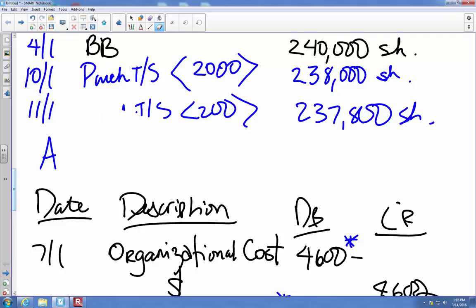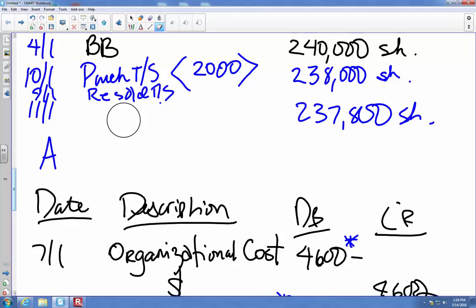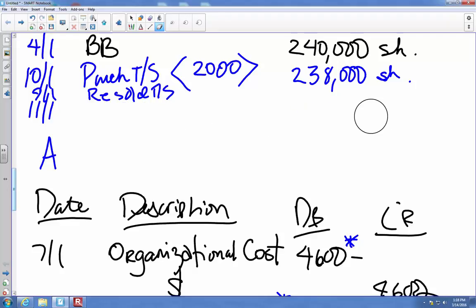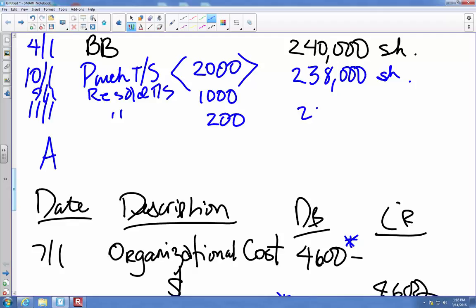And I forgot that last one, didn't I? So I resold, yeah. Resold treasury stock 1,000, we sold treasury stock 200, 238,000 plus 1,200, 239,200?